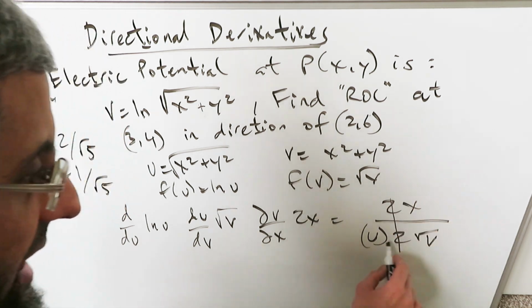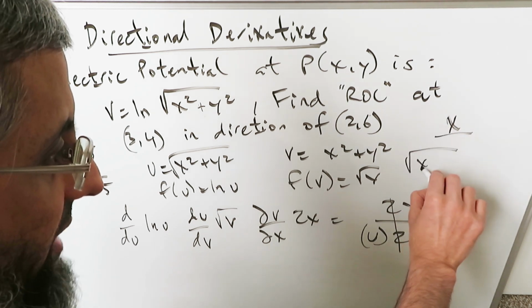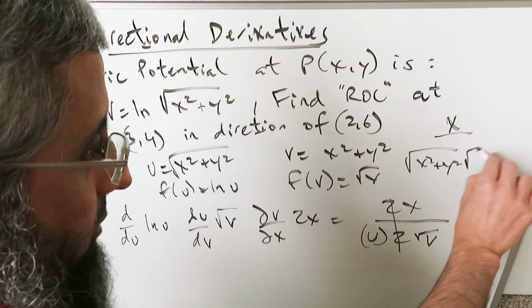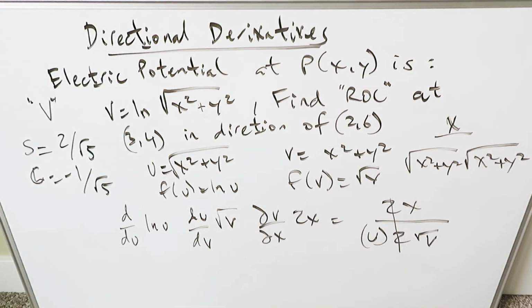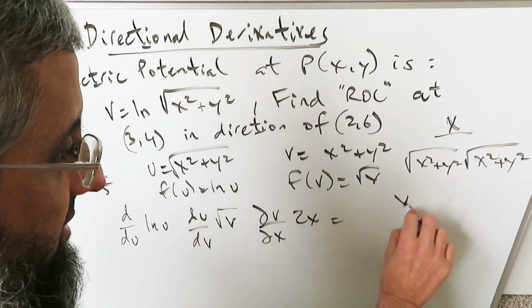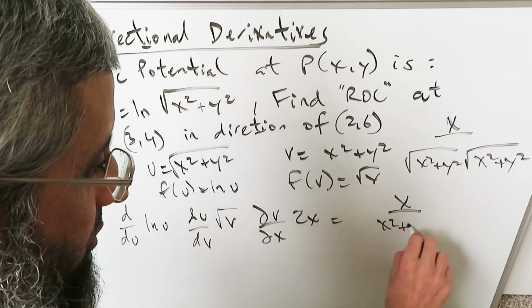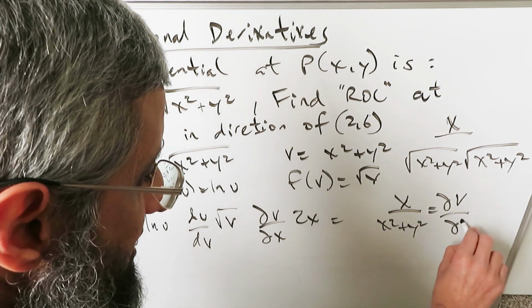The 2's cancel out. I have x divided by u, which you know to be the square root of x squared plus y squared, and then I have a root v, which is the square root of x squared plus y squared. Look at that denominator, it's easy. The radicals, the square roots, will go away. You'll be left with just x divided by x squared plus y squared. This right here will be equal to the partial derivative with respect to x.